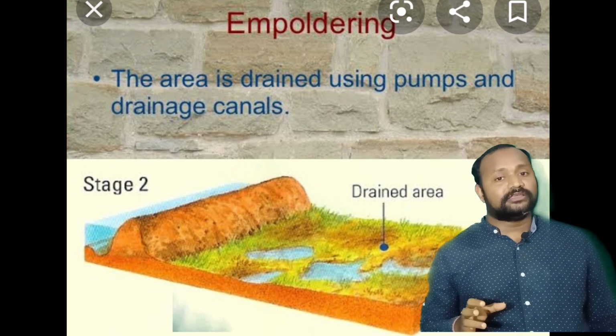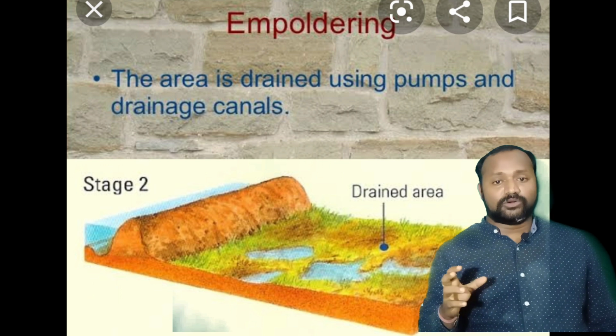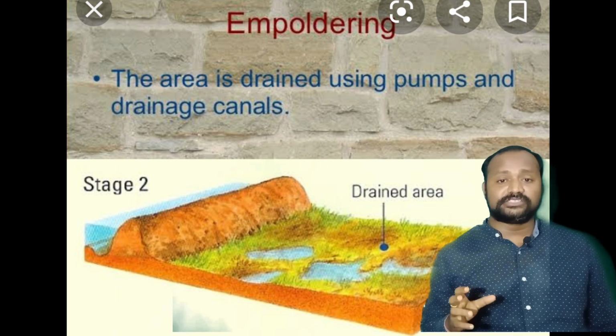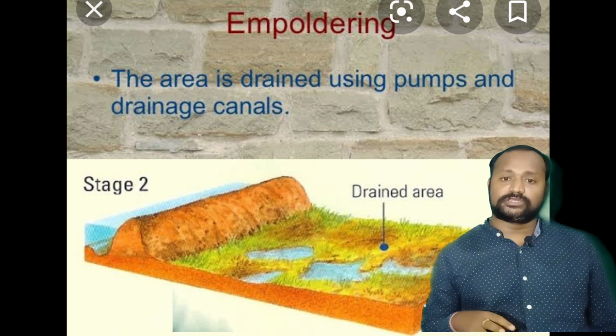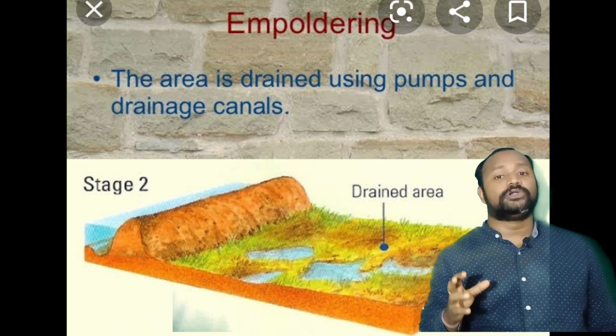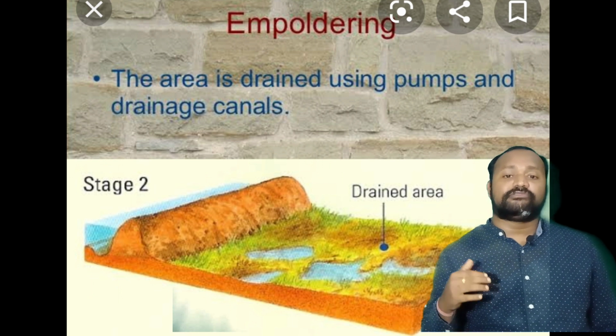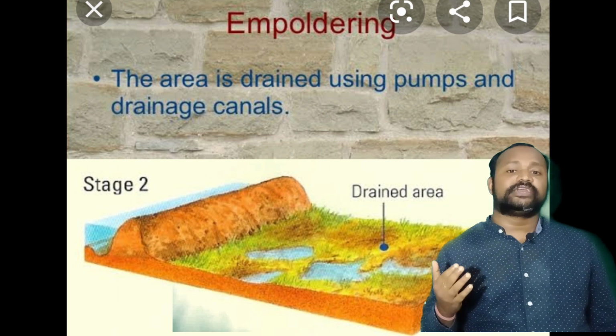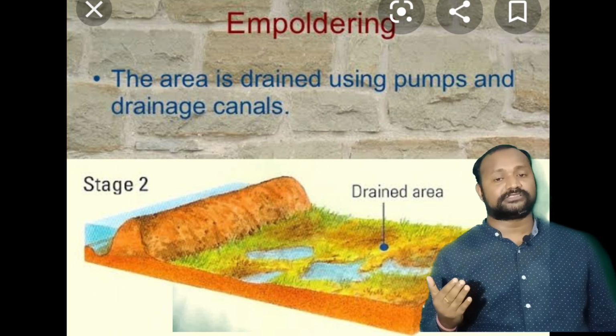Dikes are made and enclosed, and the water from this region is pumped out. These regions are known as polders, and further they are filled with soil and new lands are created.